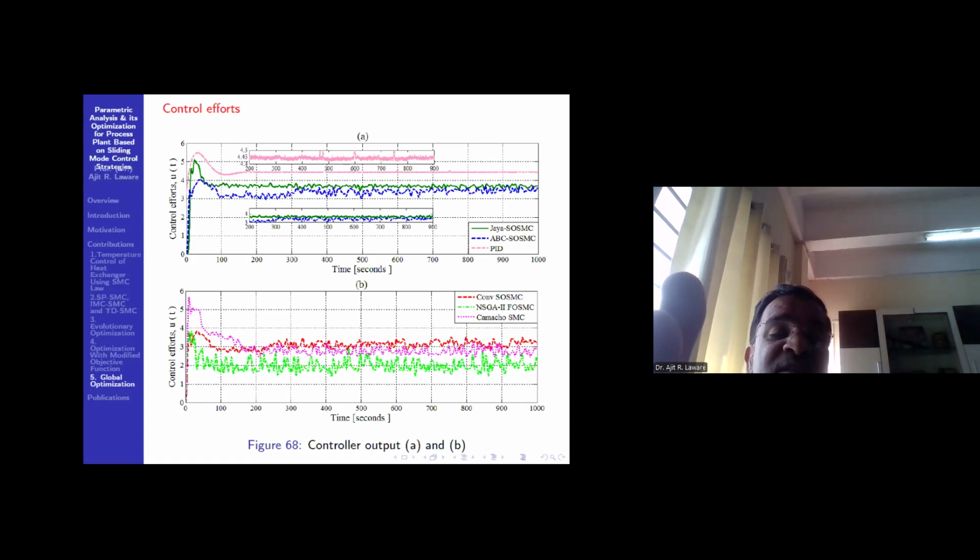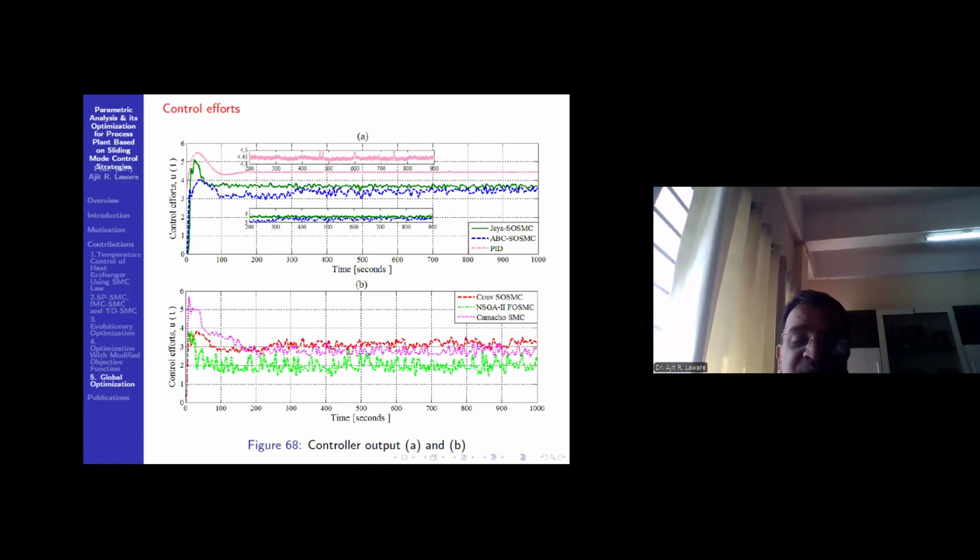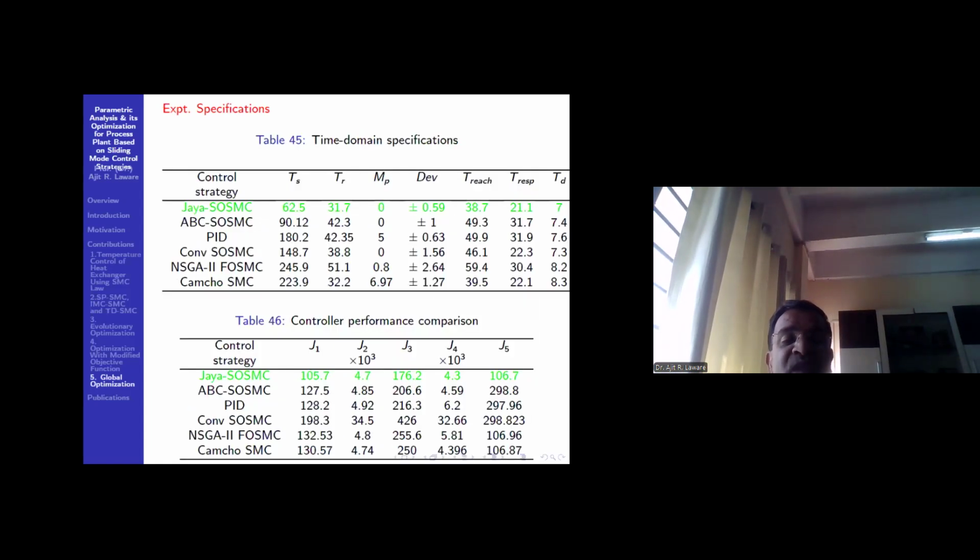So SMC variants give less variations in the control efforts. So these are the time domain specifications, and from this time domain specification represented by the green color, they are superimposed over the others, the objective function.